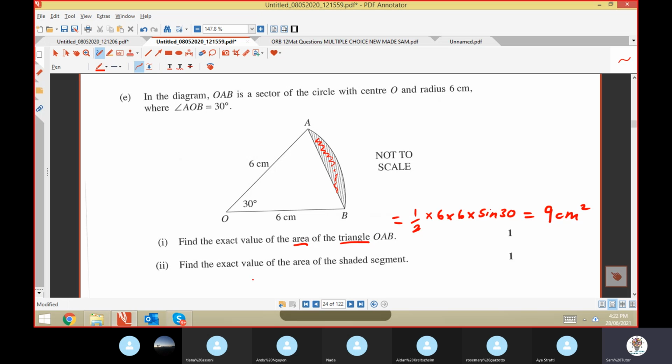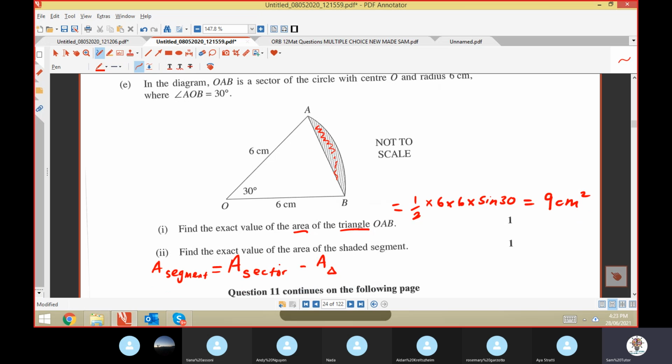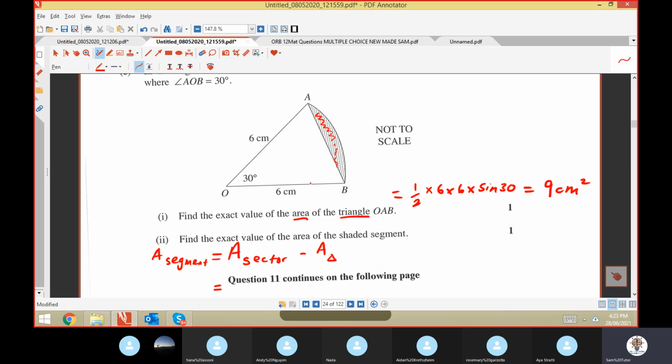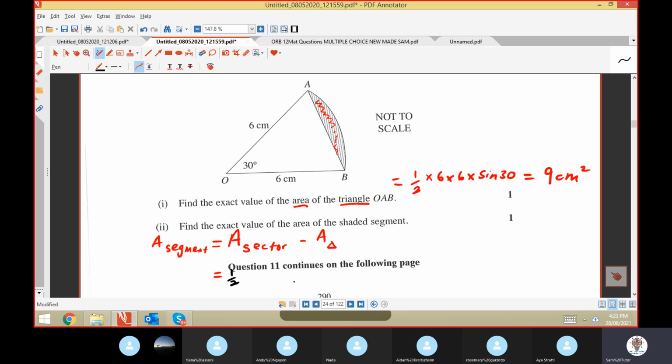Okay. Again, can somebody give me the answer? The area of my sector. What's the formula for the area of a sector? Half r squared theta.